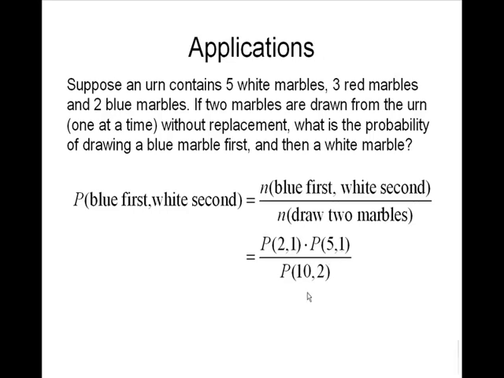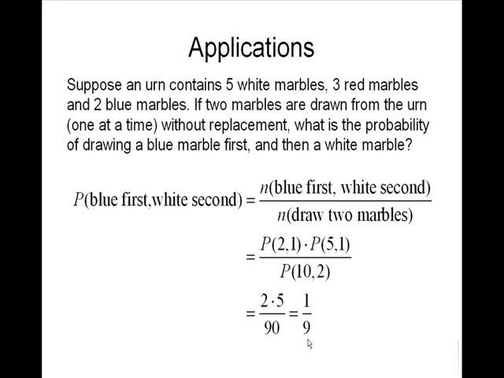On the bottom, I just need to choose 2 marbles from the total of 10, so that's the permutation of 10, 2. Putting in the values, permutation of 2, 1 is 2, permutation of 5, 1 is 5, and the permutation of 10, 2 is 90. So when I work that out, it reduces down to 1/9.